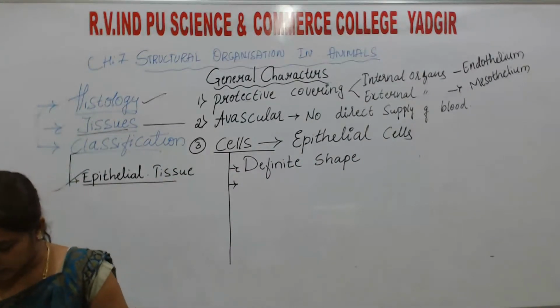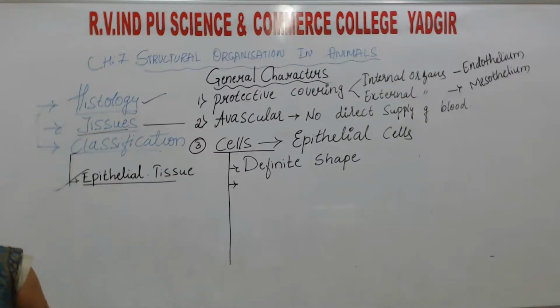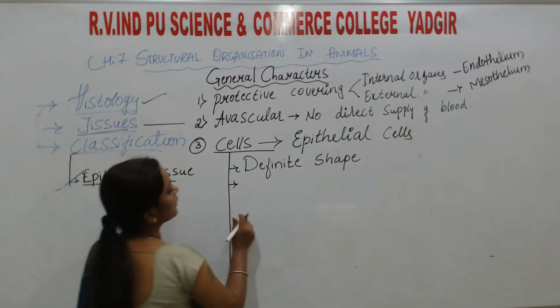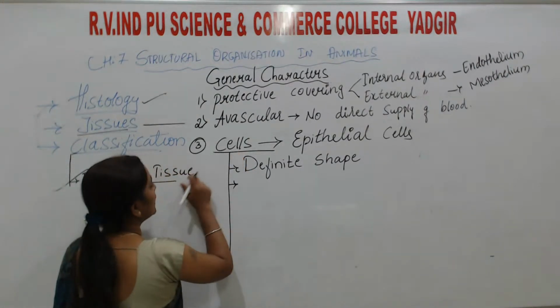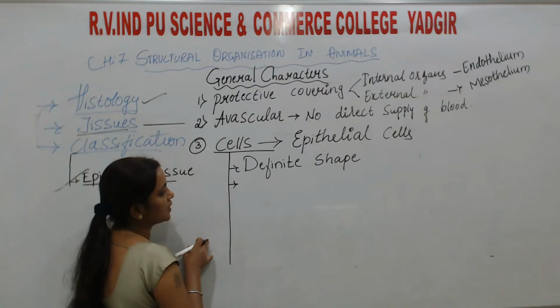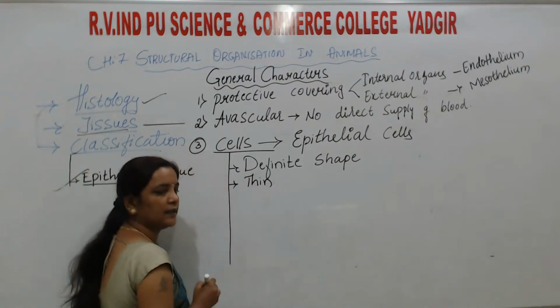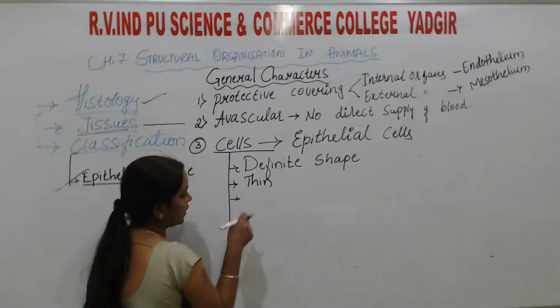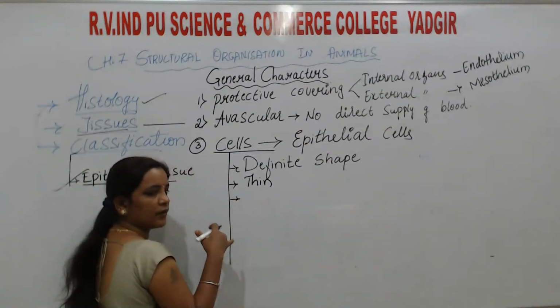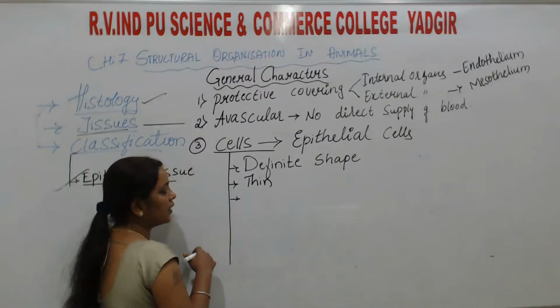They are arranged compactly. So we are talking about the epithelial cells. Epithelial cells have a definite shape, and the outer covering of the cells is thin.